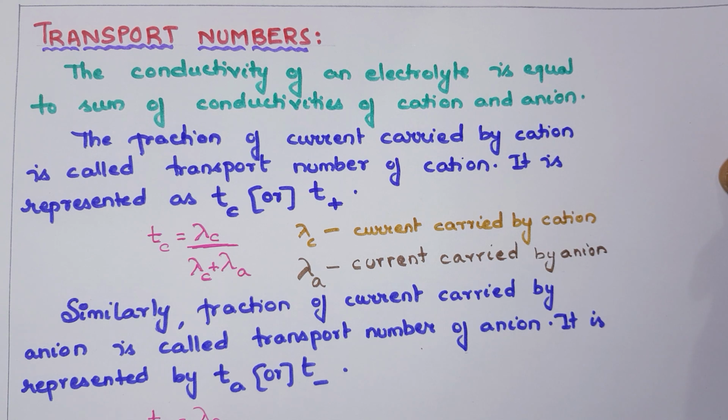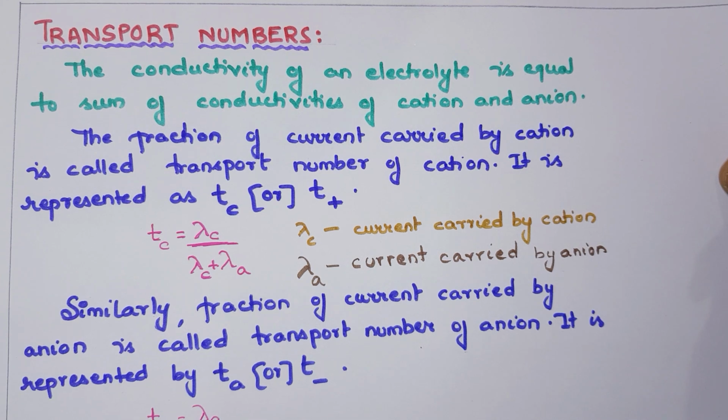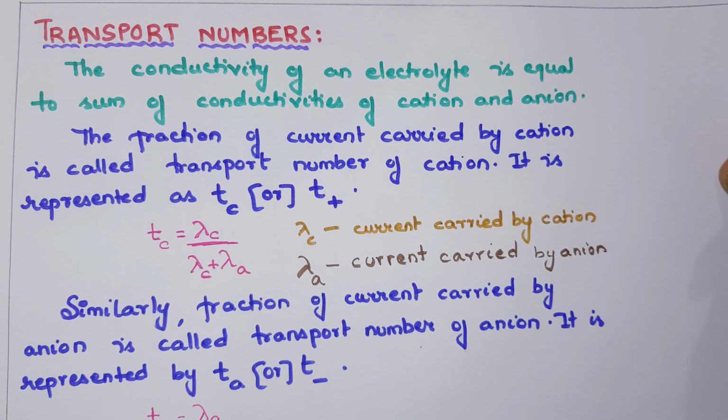Similarly, we can define the transport number of anion. The fraction of current carried by anion is called the transport number of anion, and it is represented by Ta or T minus. From the expression for Tc we can write Ta.